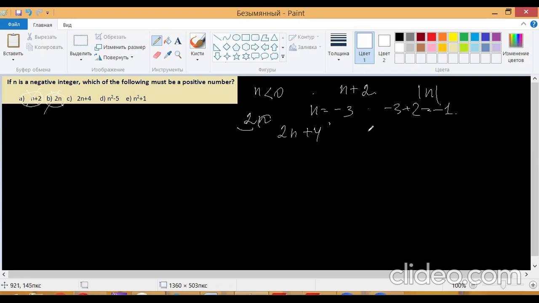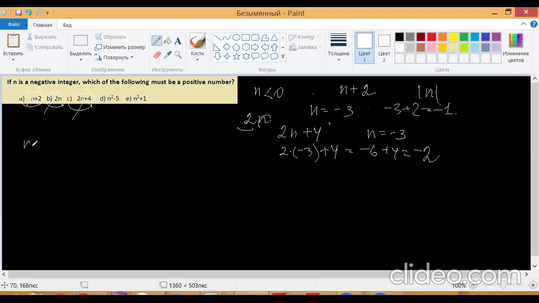For example, if we take n equal to -3 again, we will get 2 times -3 plus 4, that is -6 plus 4, and we will finally get -2, which is negative. And this is not what we are looking for. So we say no to option C.